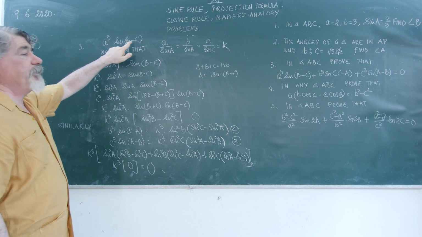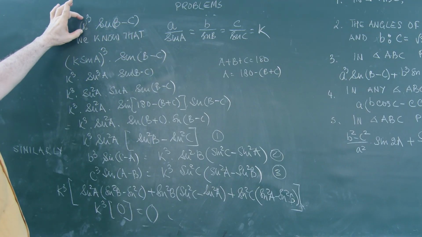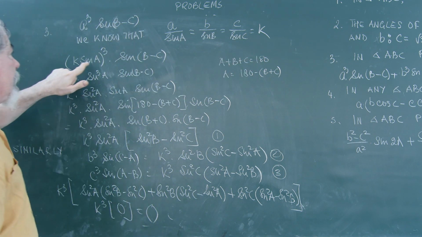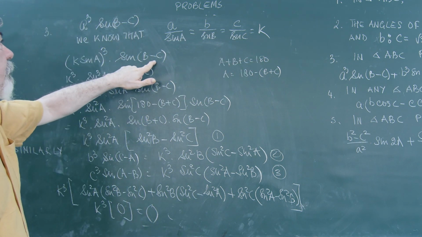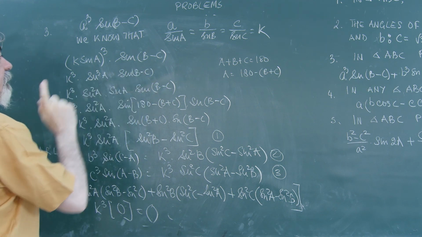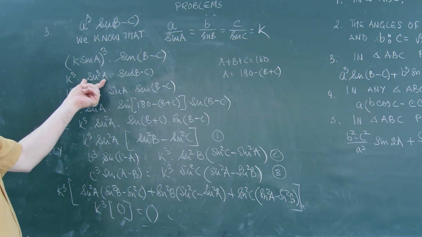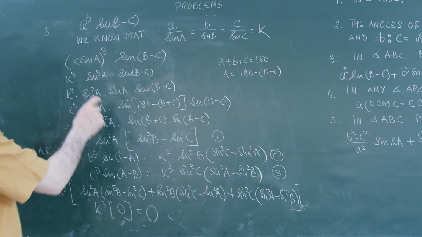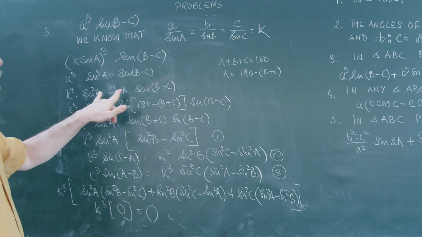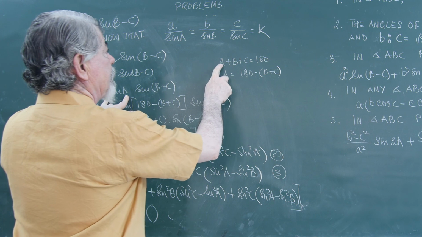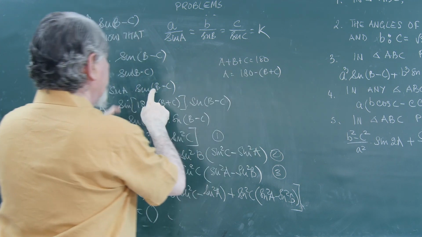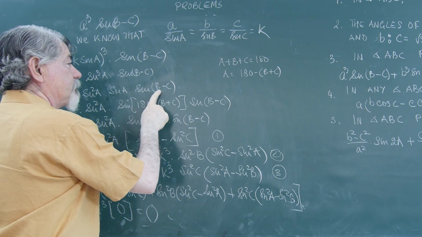A cube sine B minus C. In place of A, I can replace it by K sine A. K sine A to the power 3 sine B minus C will become K cube sine cube A sine B minus C. I separated one sine. Sine cube A I have written as sine square A into sine A into sine B minus C. Sine A I have written using A plus B plus C is 180, so A will be 180 minus B plus C, because I want to bring sine A in terms of these only.